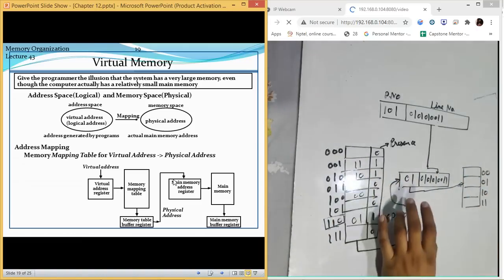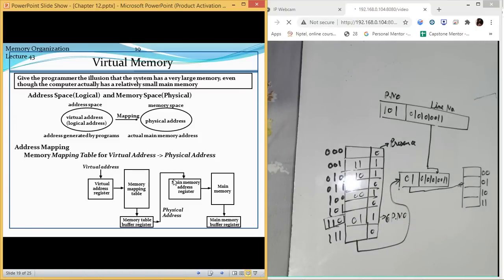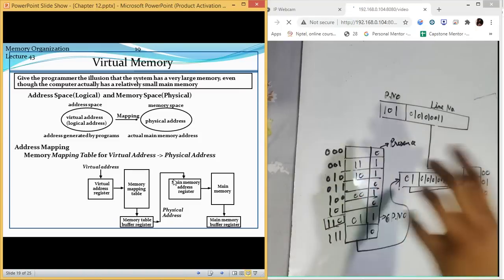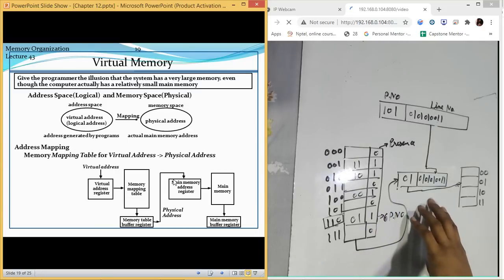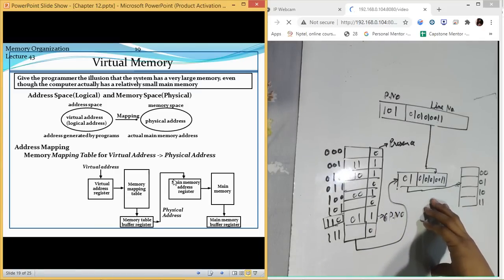So you are going to use the same number of bits to access this or this. That is why it is giving the illusion to the user or the programmer that it has a lot of memory available. So that is how we are using virtual memory.